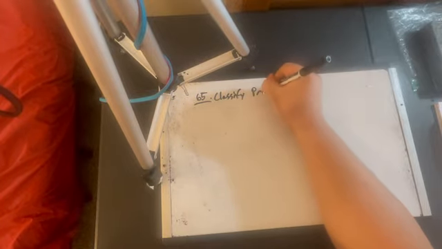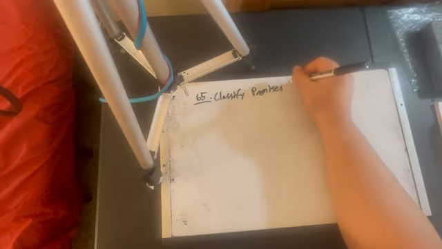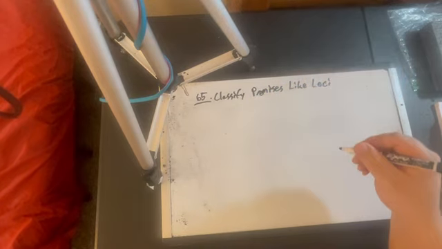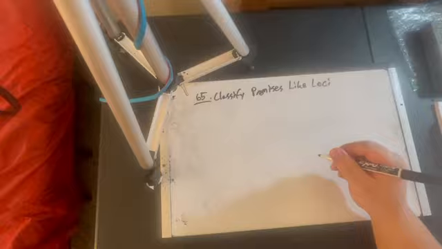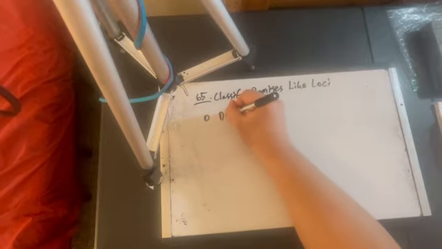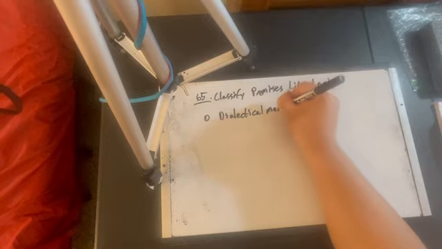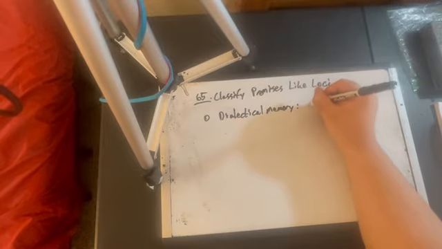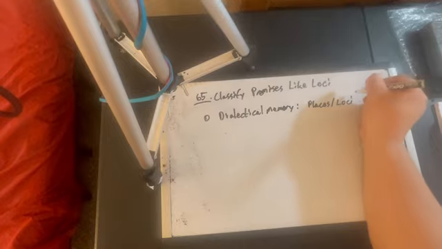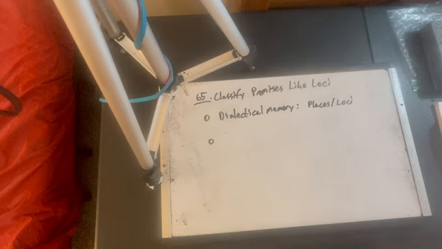Classify premises like loci. Aristotle compares dialectical memory to remembering through places, or loci. If premises are classified under heads, they can be retrieved more quickly.